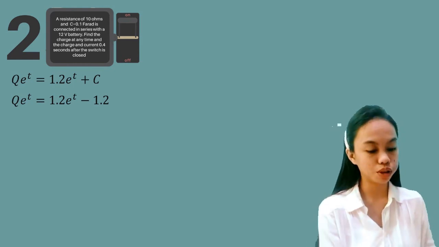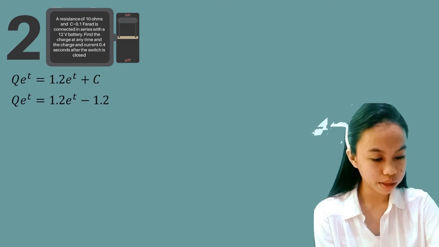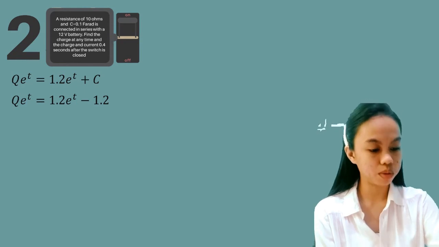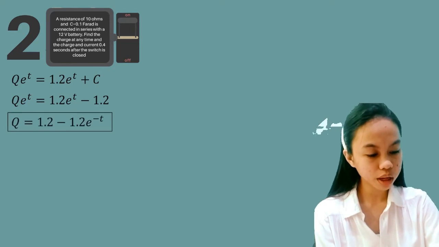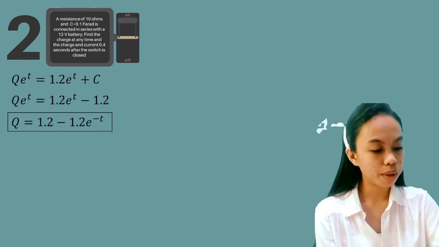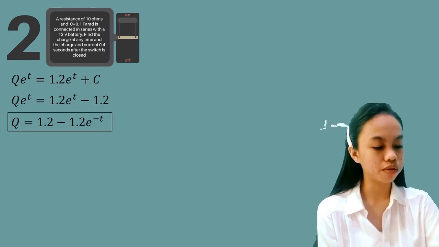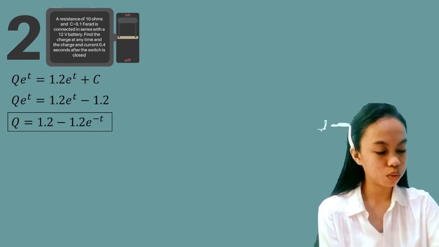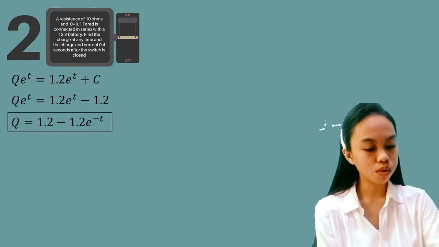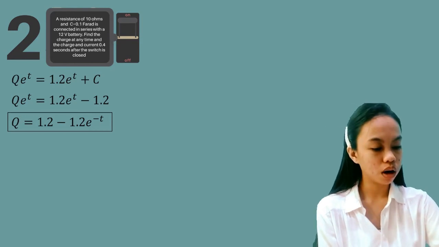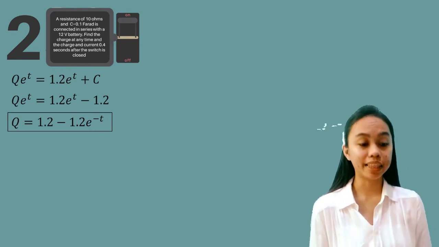So we will be left with q equals 1.2 minus 1.2 over e raised to the power of t, or it could be q equals 1.2 minus 1.2 e raised to the power of negative t. So this is now our charge at any time.